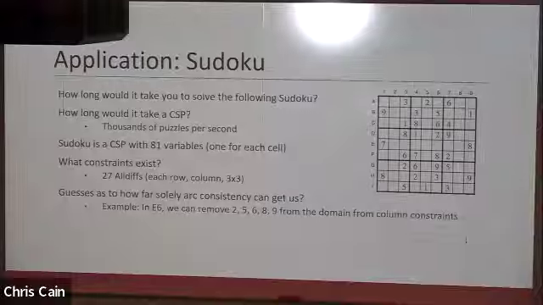E6, we remove from the domain as soon as we find that it violates a constraint, because as an all-diff, we need to make sure that everything is all different. So if we find a particular assignment that violates one of those constraints, then we can remove it from the domain. As we iterate over everything in the row, column, and cell, we eliminate every other possibility that it could be.